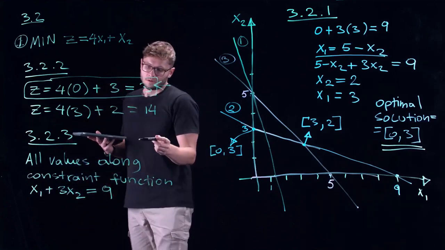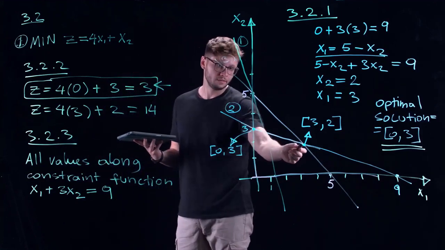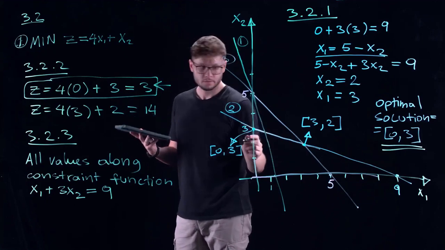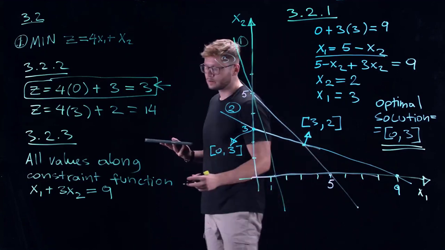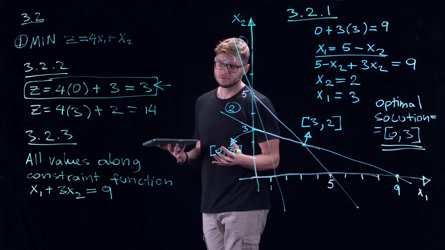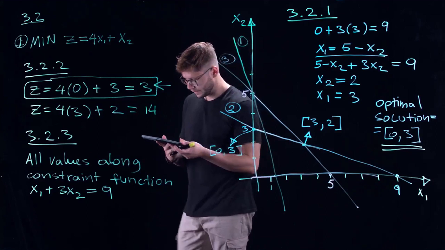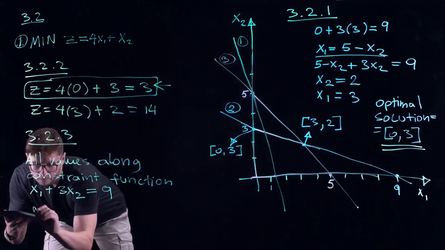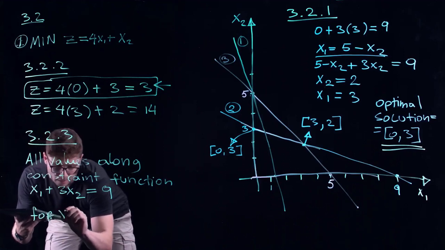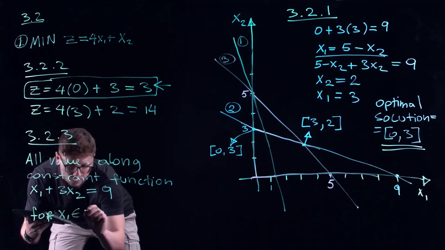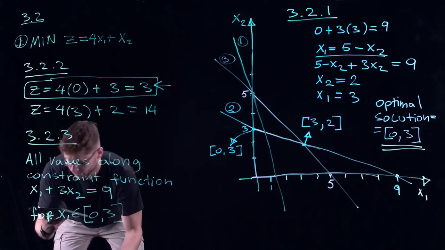So all of the values for x1 and x2 along this line between this point and this point are all feasible solutions to our optimization problem here. So we can even write it as, for x1 belonging to 0 and 3, right?